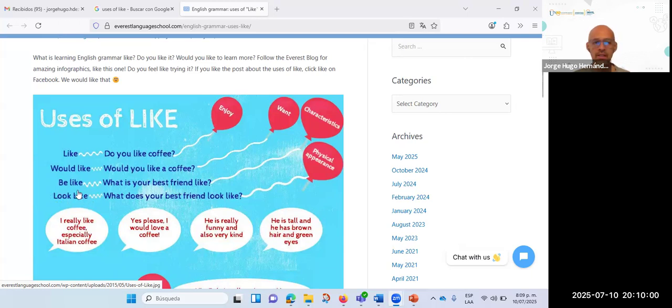Now, the other one, look like. When we use these two verbs, look like, for example, what does your best friend look like? In this case, we are asking for physical appearance, the characteristics of the physical appearance of a person.